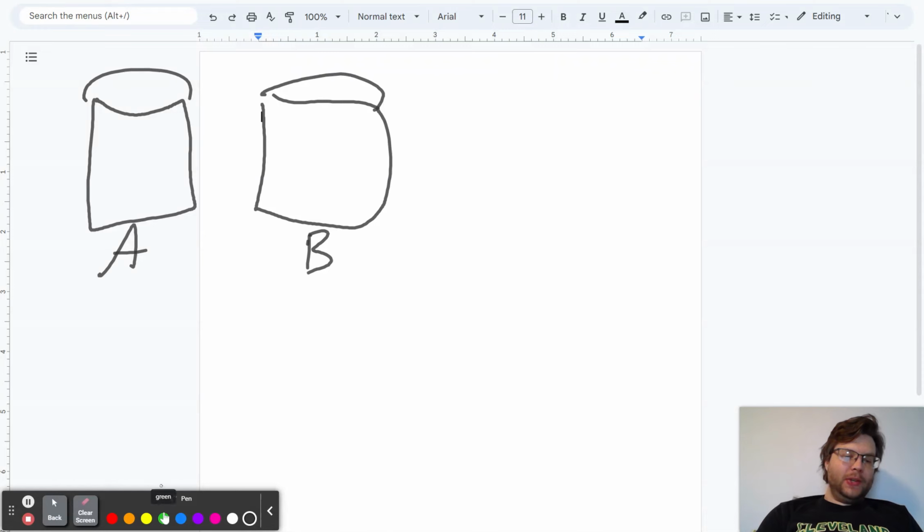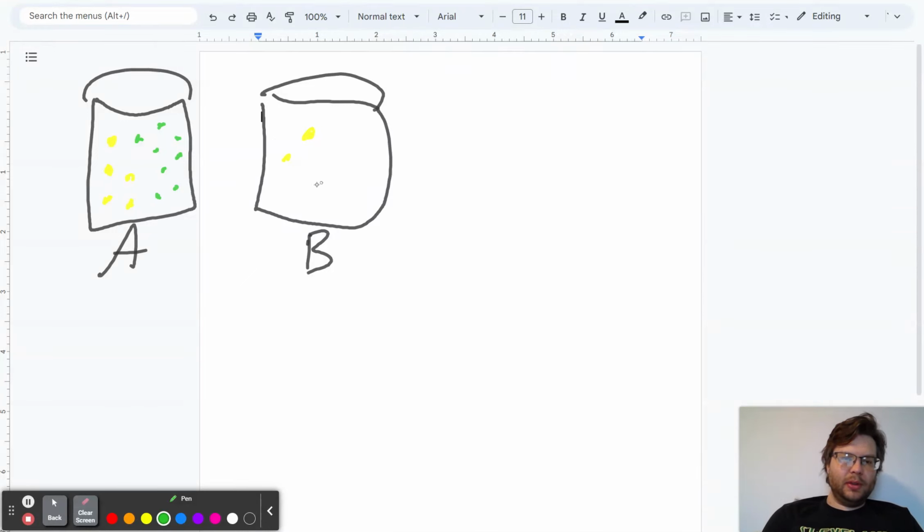And so in jar A, let me see if I can get the colors right here. There are 5 yellow marbles, and there are 8 green marbles. 3, 4, 5, 6, 7, 8. And then in jar B, there are 2 yellow marbles. I know it's hard to see those.